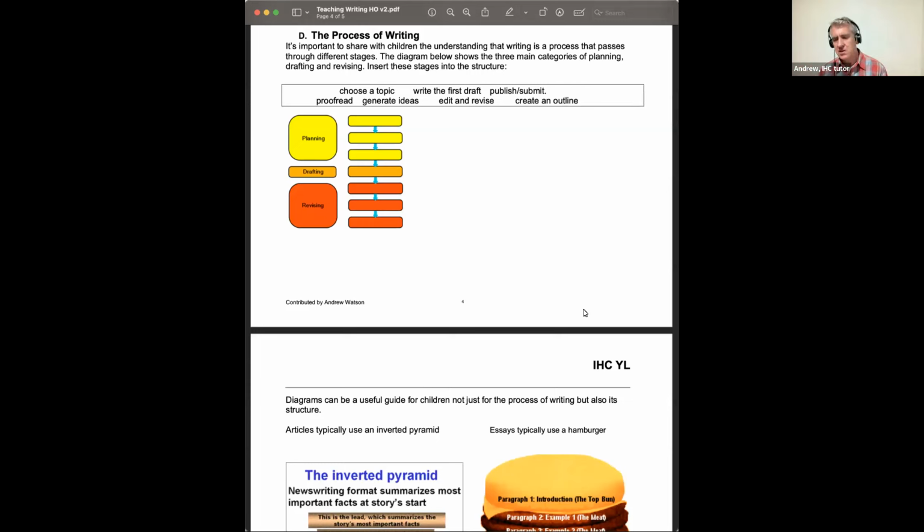So when we conceive writing as a process, we need to show the children how to go through different stages. So which do you think goes first? There are 7 recommended ones here.